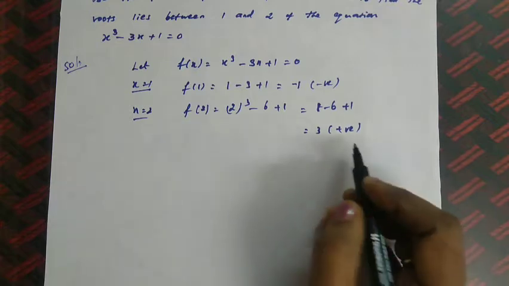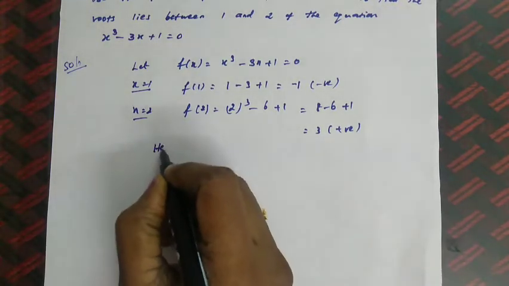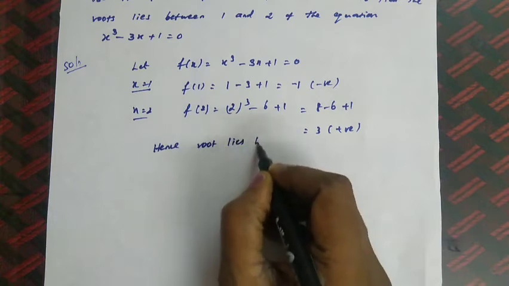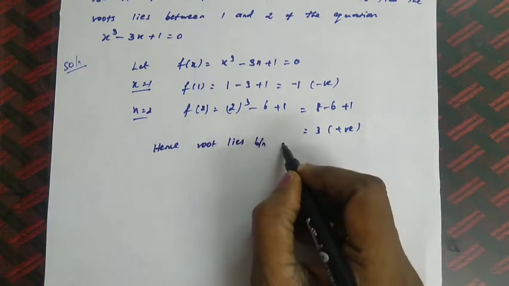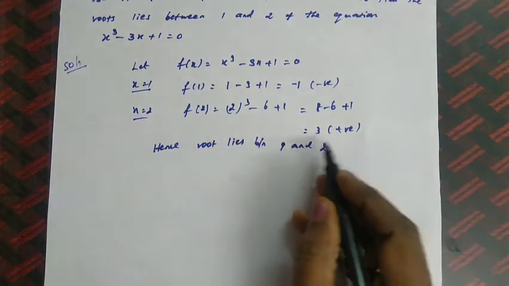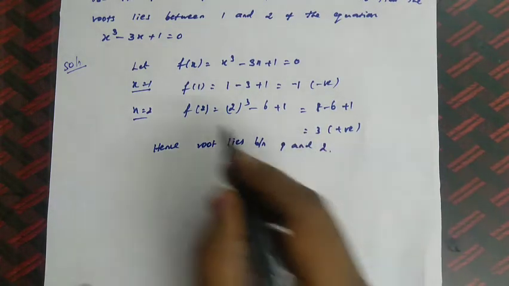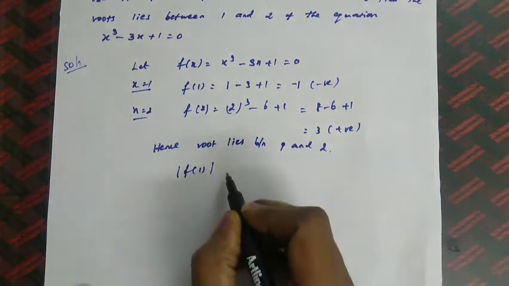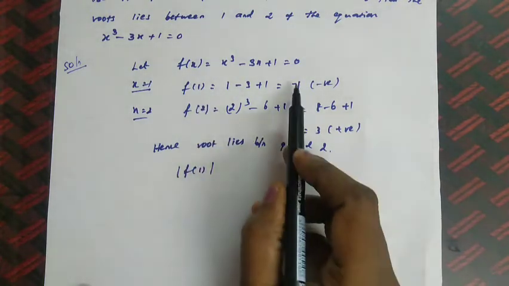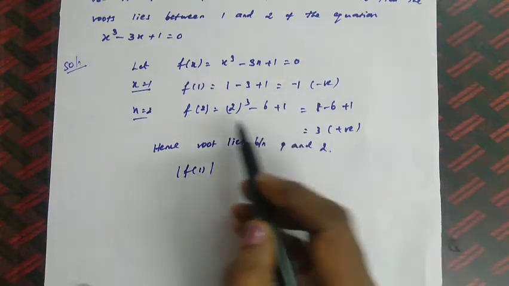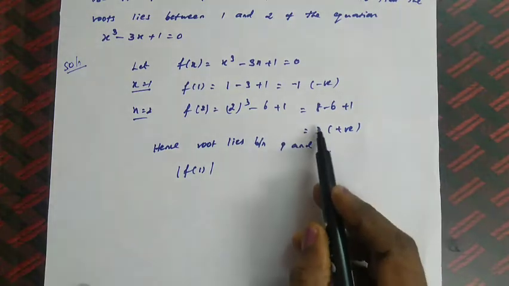Hence the root lies between 1 and 2, as given in the question itself. After this we have to take the modulus value. Modulus of f of 1, the absolute value of f of 1, is 1, isn't it? The negative becomes positive and it becomes 1. And this one is 3.